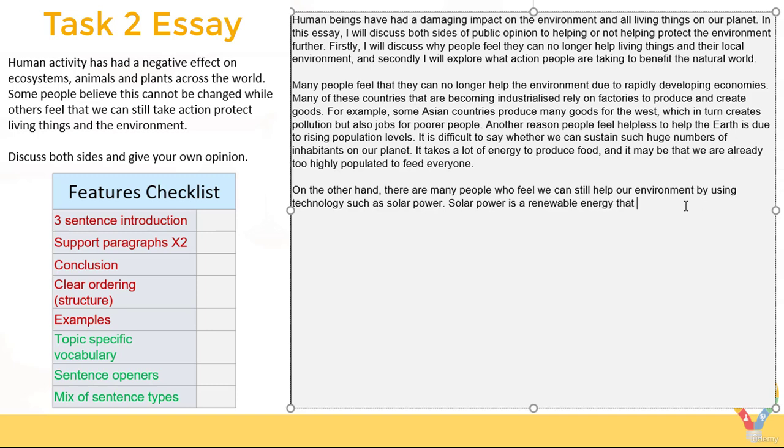Renewable energy that has no negative effect on the natural world. Okay, that's my support sentence. Now maybe we could give an example.